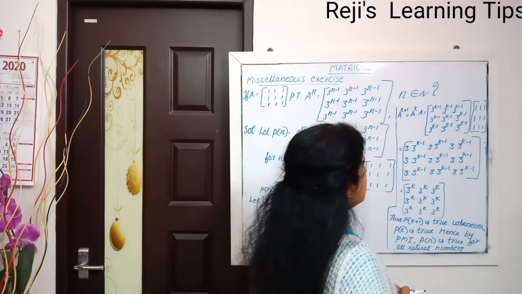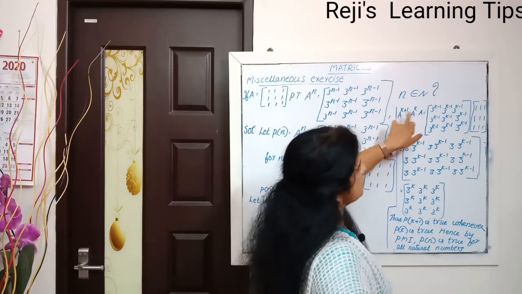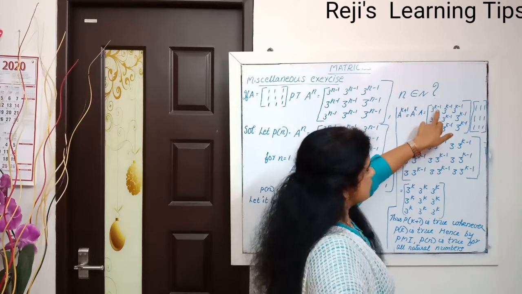Then A raised to k into A means A raised to k plus 1, that is LHS. Then we should find out the RHS.